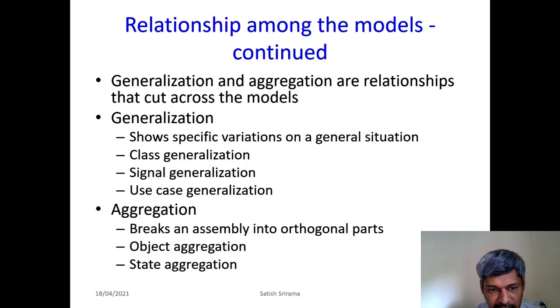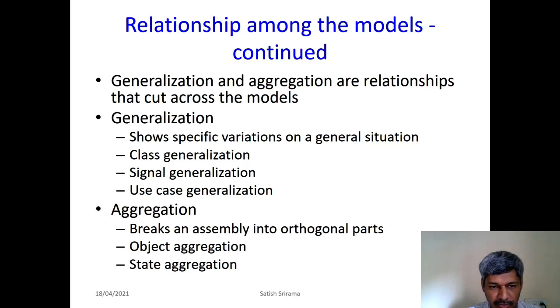Then we also have seen signal generalization. The same sort of generalization relation that was there in the classes, we also saw across the signals in the state models. We have seen how these signals can also be arranged in a generalization hierarchy, and how the hierarchy actually gets the attributes from the signals at higher levels.